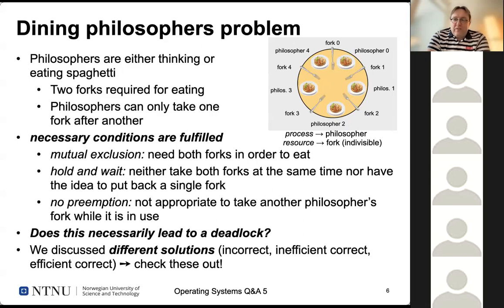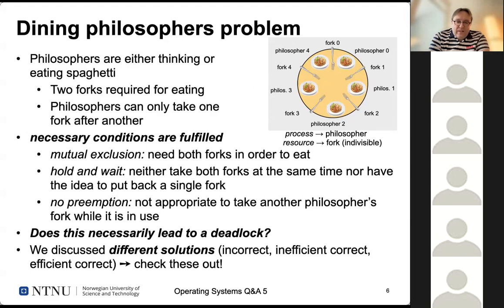The problem is that there's enough spaghetti, but there are only 5 forks for 5 philosophers. So it's obvious that not all 5 philosophers can eat at the same time. And philosophers are so deep in thought that they cannot handle taking 2 forks at the same time, so they can only take 1 fork after the other.